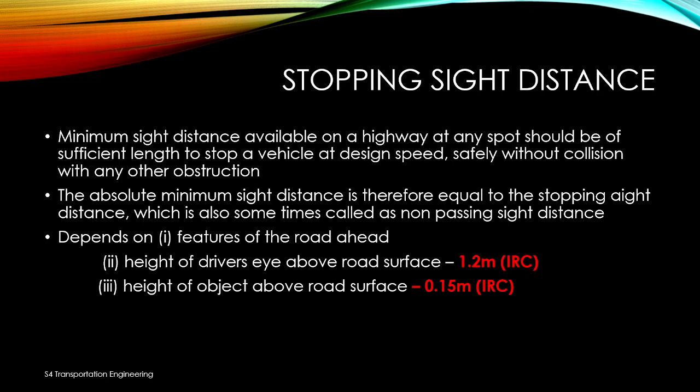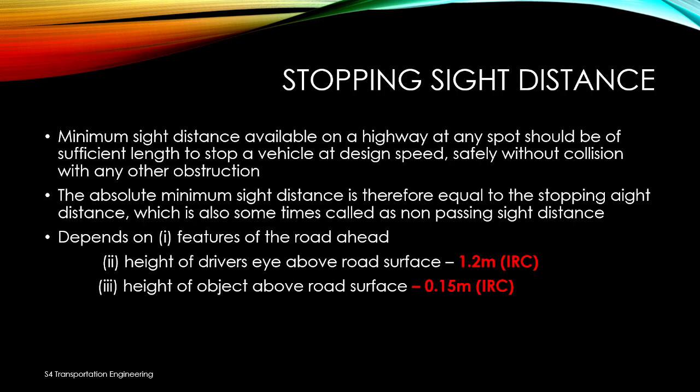So when a vehicle is moving along a highway, obviously it will be moving with some minimum velocity. The minimum velocity of the vehicles which are expected to use a highway is generally the design speed of the highway.